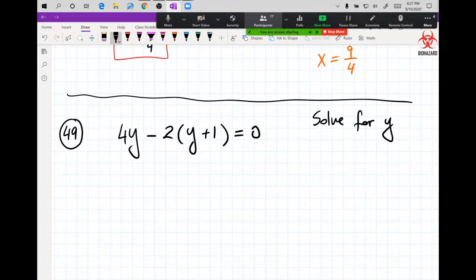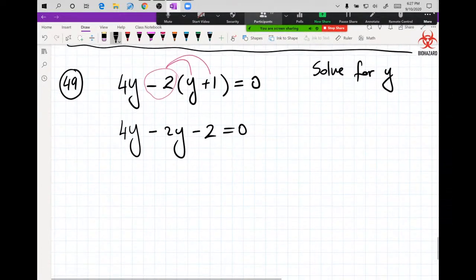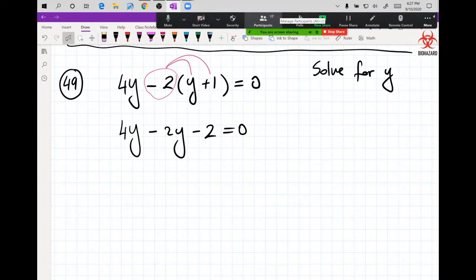So we start by distributing -2. I'm going to put that together like that. There we go. So 4y minus 2y minus 2 equals 0. That negative belongs to 2, and it has to be distributed along with everything else.